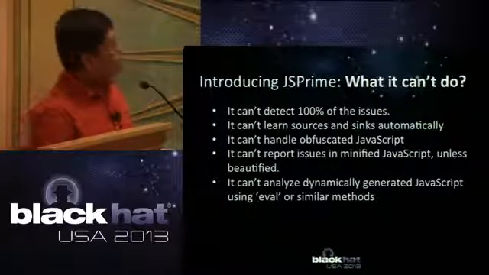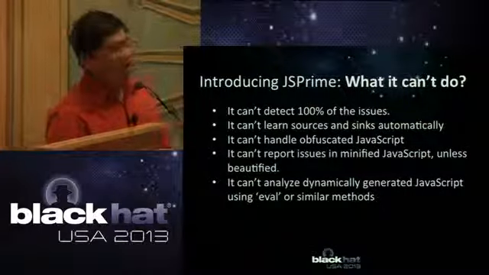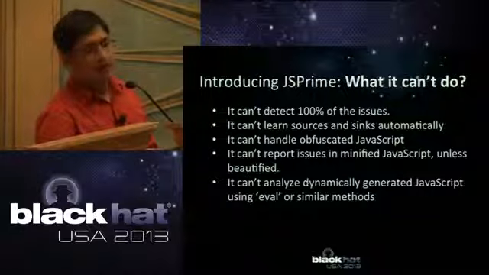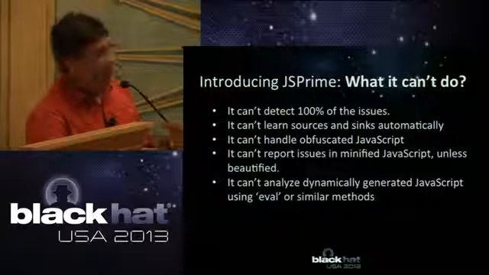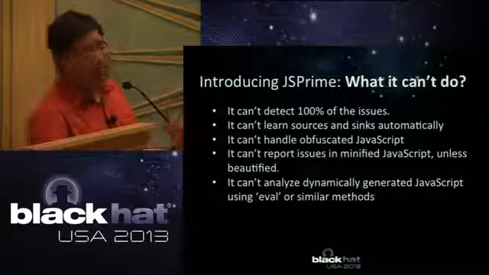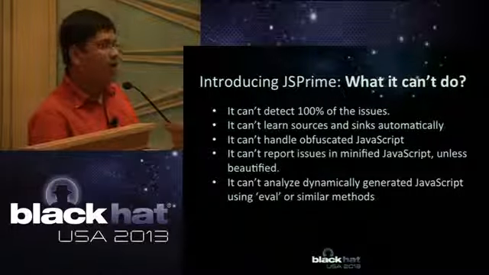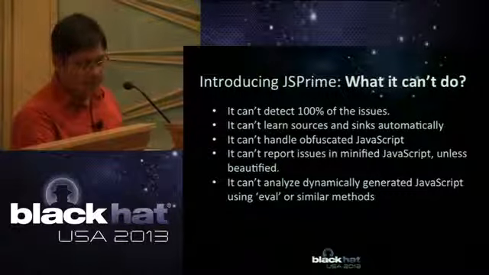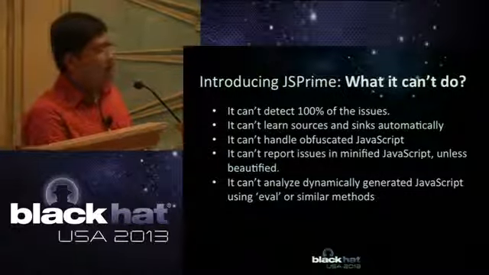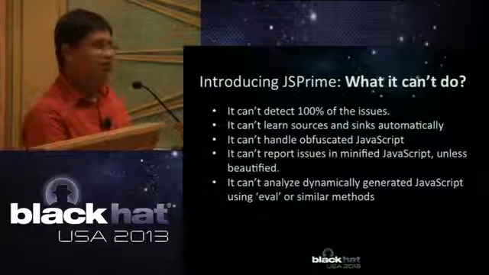What it cannot do. JS Prime alone cannot detect 100% of the issues, like with any other tool. It cannot learn sources and sinks automatically. You have to provide them if you are using a very custom library. It cannot handle obfuscated JavaScript, like in the case of malware.